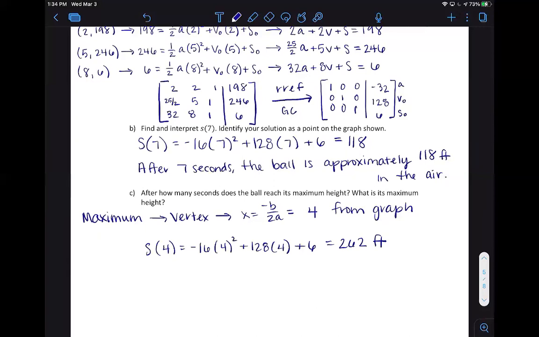So we know the maximum occurs after 4 seconds. It is 262 feet high.